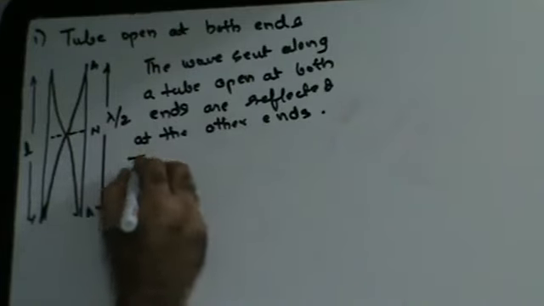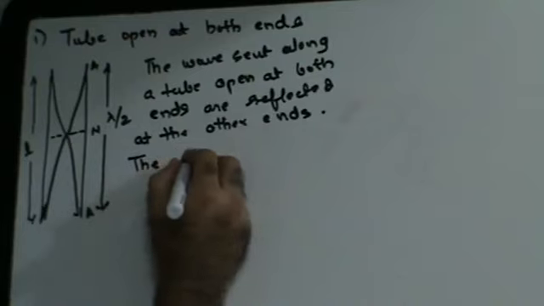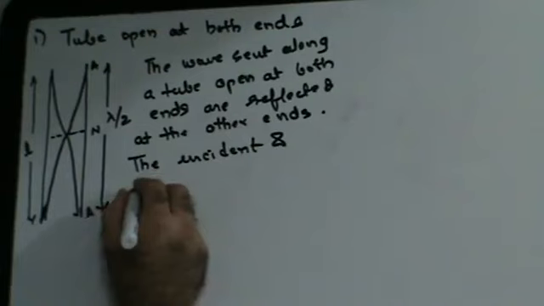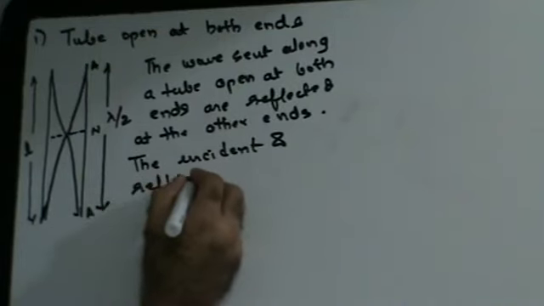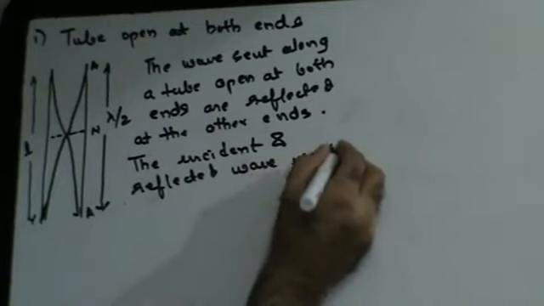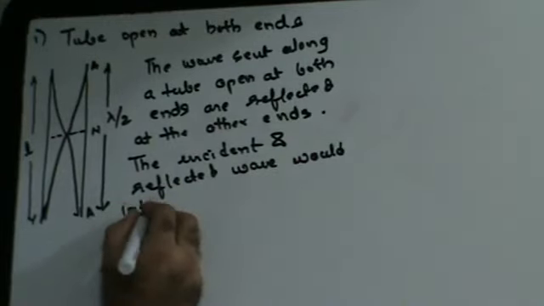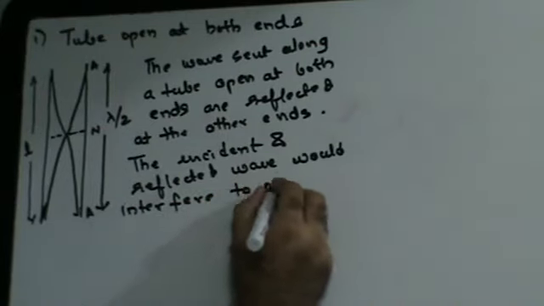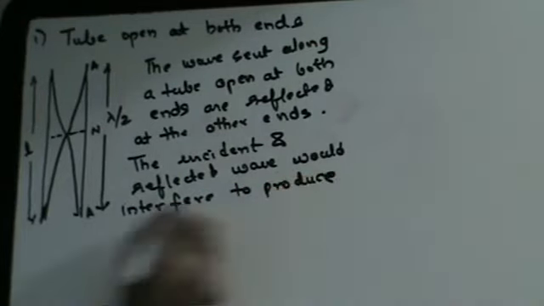The incident and reflected wave would interfere to produce stationary waves.